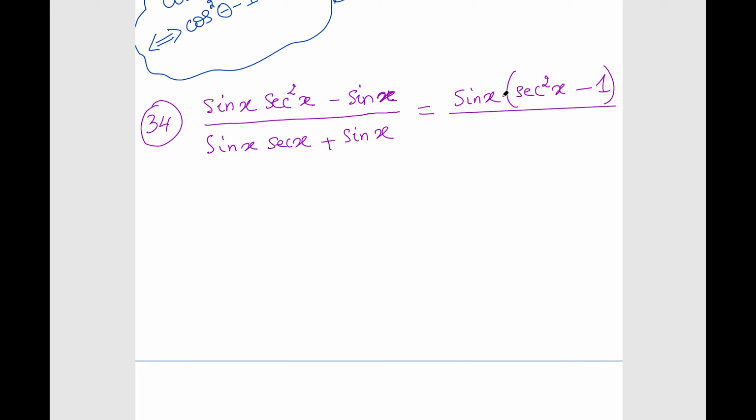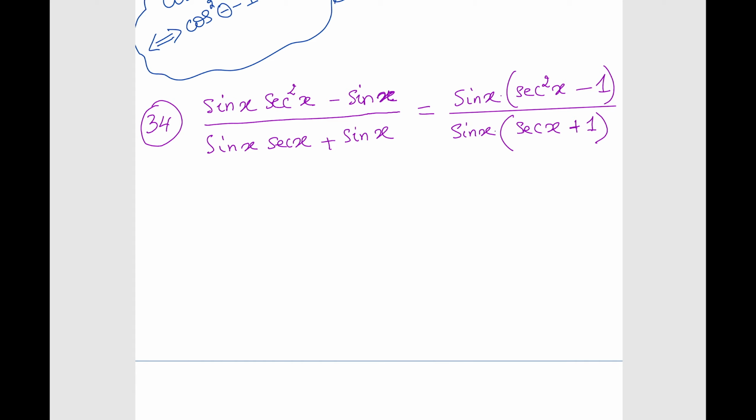To check the work, distribute back this multiplication over the subtraction. Sine x times sec squared is sine x times sec squared, minus sine x times 1 is sine x. So the numerators are the same. Denominator, again, sine x as a factor, and we get secant x plus 1. Correct. Again, you can recheck by distributing this multiplication over addition.